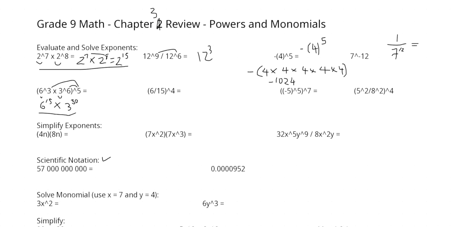Here we have 6 over 15 to the power of 4. So whenever you have numbers that are inside a bracket, basically what you're left with is 6 divided by 15 to the power of 4. It's almost like saying 6 to the power of 4 over 15 to the power of 4.